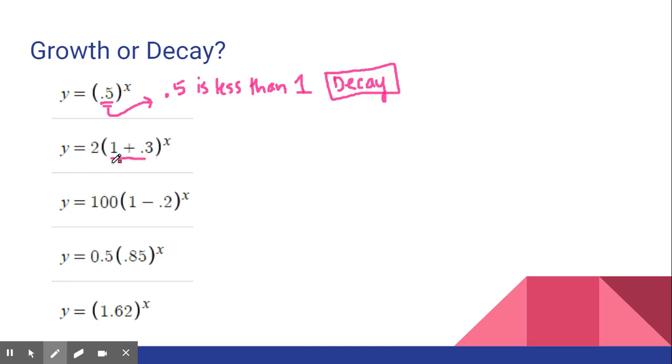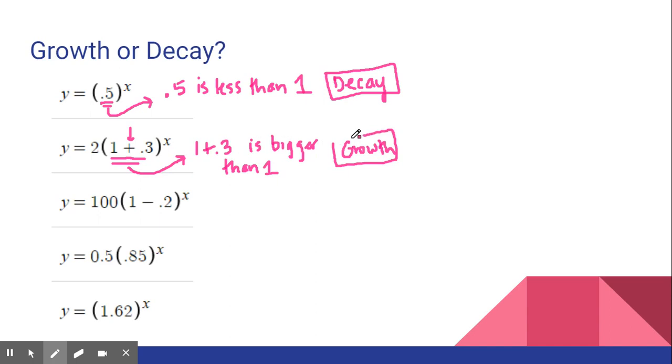When that number is bigger than 1, we will have a growth. So this one's a little bit easier to see that it's growth because I can see that plus sign that's a part of my growth formula. But 1 plus 0.3 is definitely bigger than 1. Right? 1 plus 0.3 is 1.3. So this must be a growth. So we are looking for if our number that's being raised to the exponent is bigger than or less than 1.